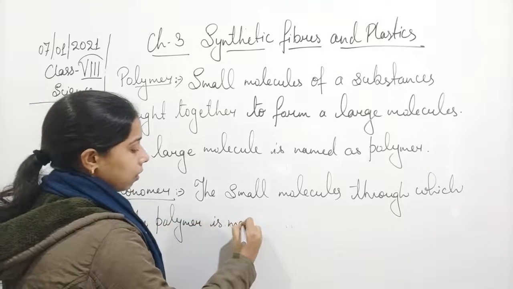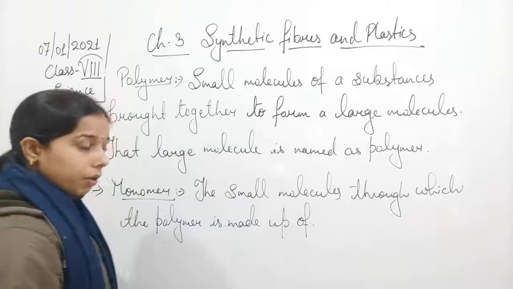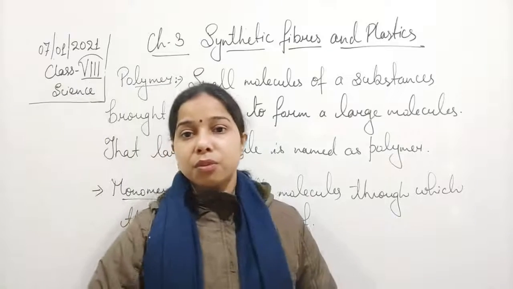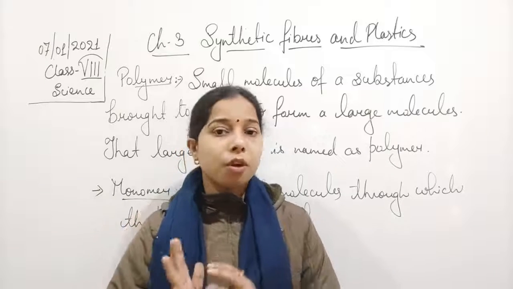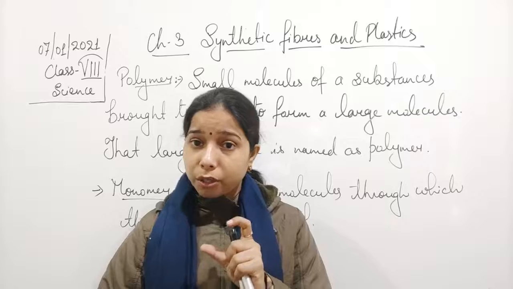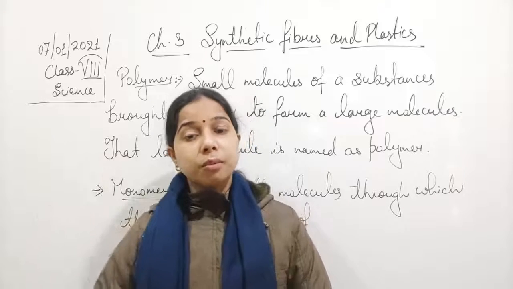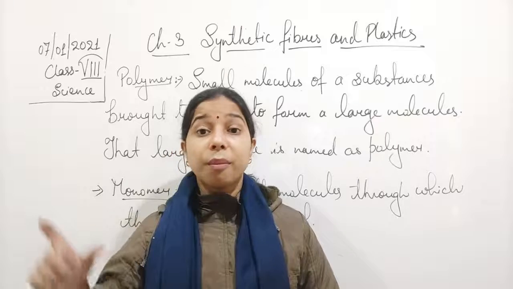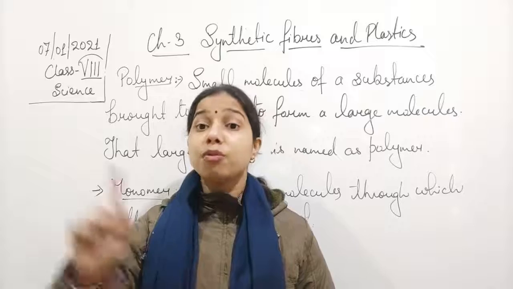So we can say, students, when these small molecules combine together, they form a large molecule. These small molecules are known as monomers, and the monomers combine together to form a large molecule that is known as a polymer.